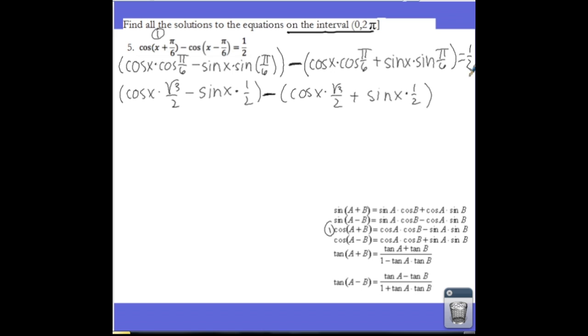So let's rearrange this to be square root of 3 over 2 times cosine of x minus 1/2 sine of x minus square root of 3 over 2 times cosine plus 1/2 sine of x equals 1/2.